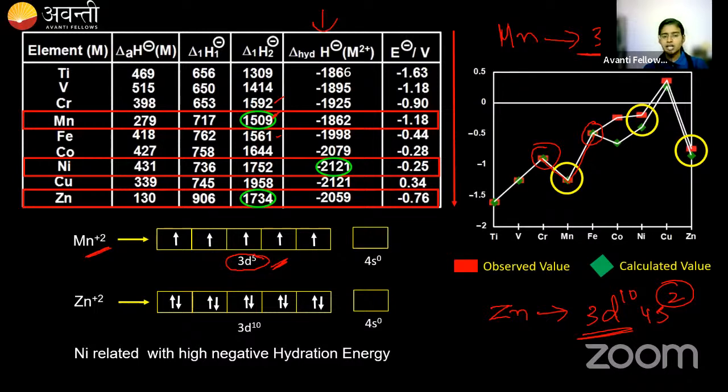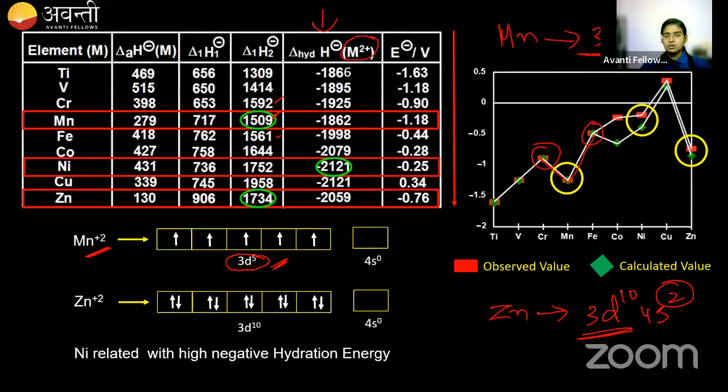Nickel and copper have almost the same value, but nickel has the highest value compared to the others. If the hydration energy is more negative, then that particular species is more stable. Nickel is more stable in its +2 oxidation state.